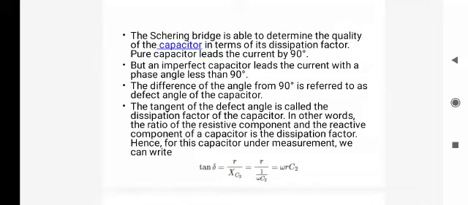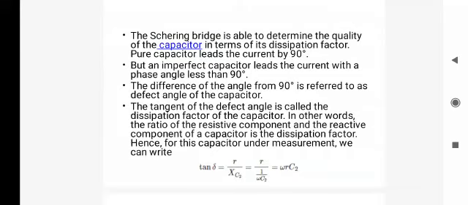A pure capacitor's current leads by 90 degrees; an imperfect capacitor leads the current by less than 90 degrees. The difference of the angle from 90 degrees is called the defect angle. The tangent of the defect angle is called the dissipation factor of the capacitor.